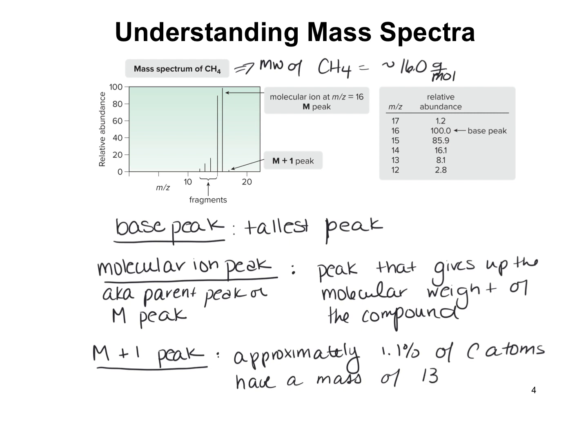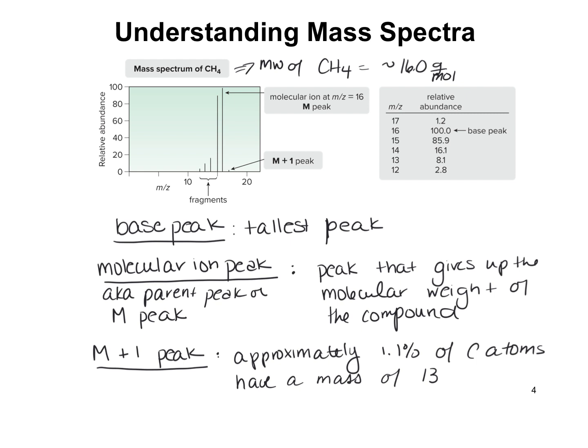So what we're seeing here is just that some CH4 molecules will have a mass of 17 instead of 16 because there's the isotope carbon-13. And so since we're looking at mostly carbon compounds, almost all the spectra that we look at are going to have an M+1 peak, which again is due to carbon-13.